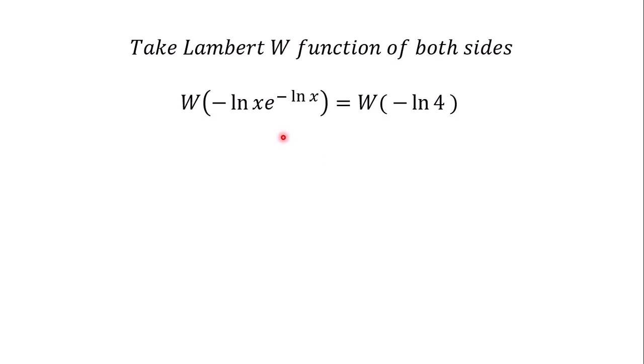Now here, remember we said that when it's something times e to the power something, and you apply the approach, you just get your something back. So what is our something here? Our something here is minus natural log of x. So this one we're just going to get minus natural log of x, and it's equal to this one.